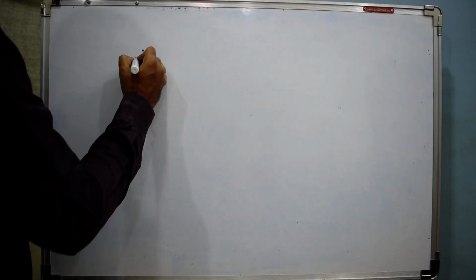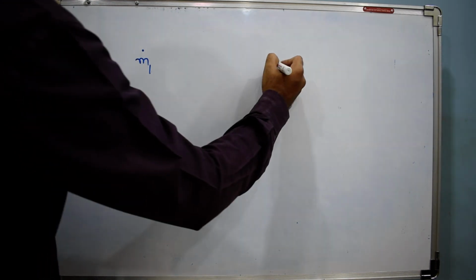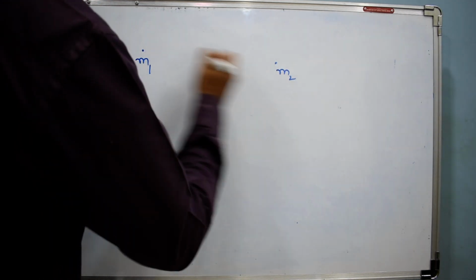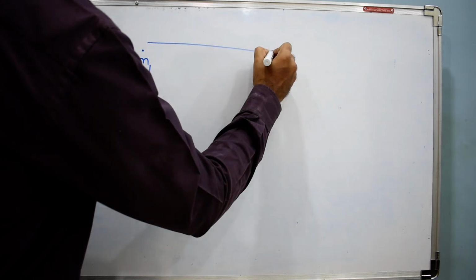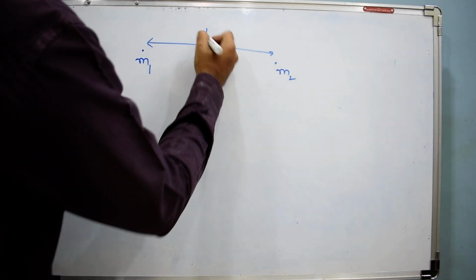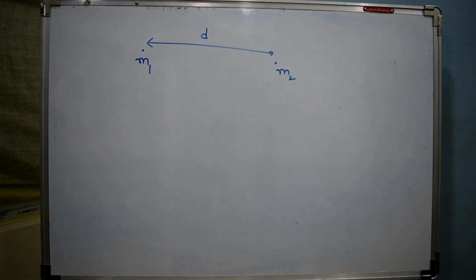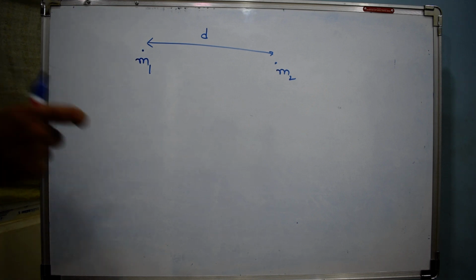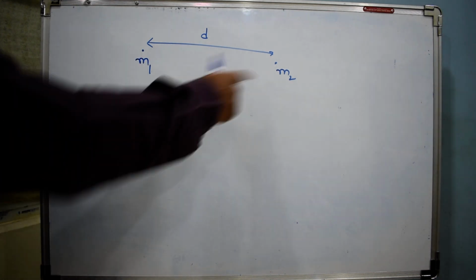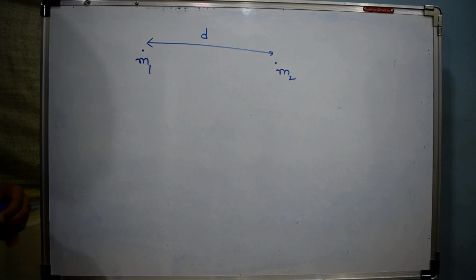Let's say we have two masses, m1 and m2, separated by a certain distance d. At this instant of time, when I'm looking at them, the separation between the masses is d.